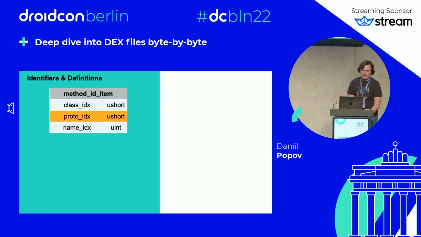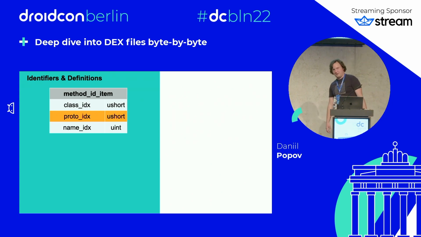If we have a look at the method ID item structure, you might notice that the proto_idx field has type ushort, meaning that a method can reference only 64K prototypes. So actually, one DEX file can contain only 64K unique prototypes. That's what this problem was about.